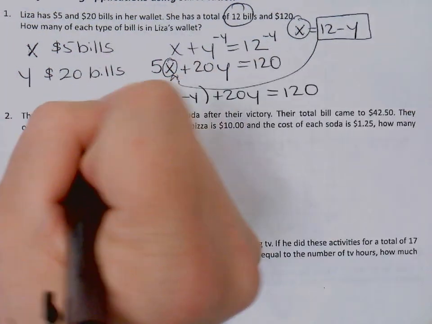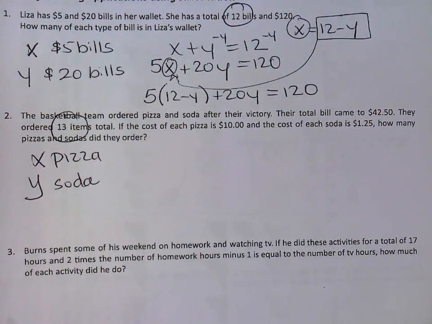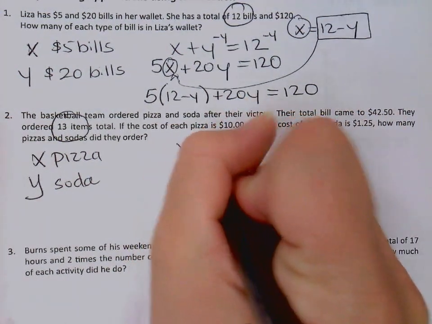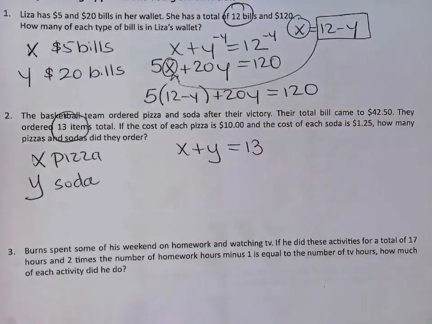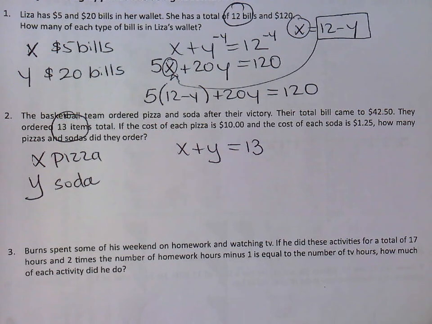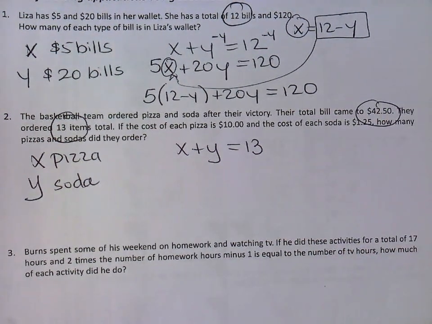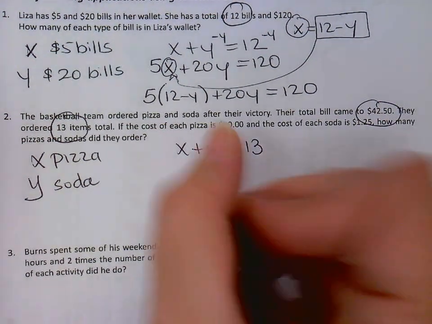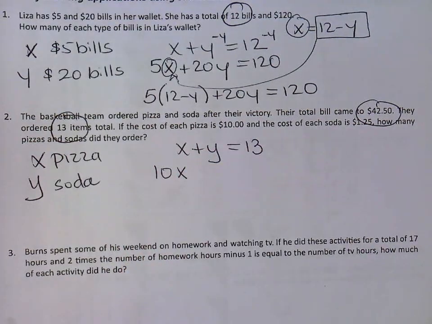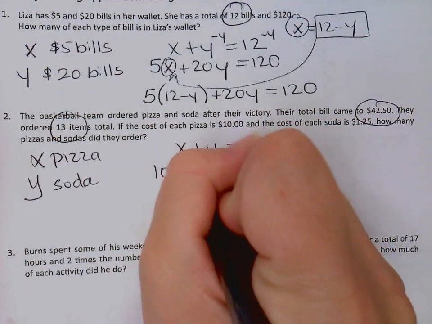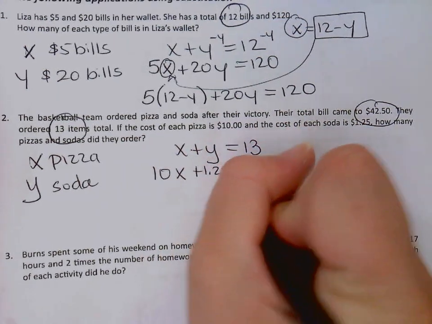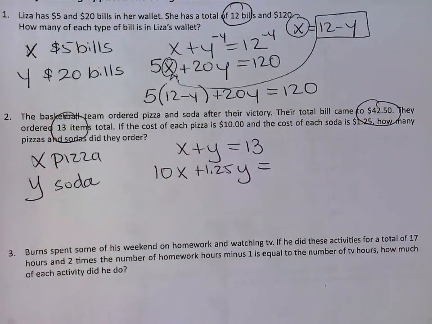So how can I write an equation to represent that they bought 13 items? x plus y equals 13. And then how can I represent their total bill? How much did each pizza cost? $10. And how much did each soda cost? $1.25.